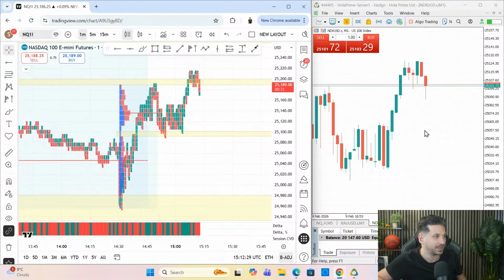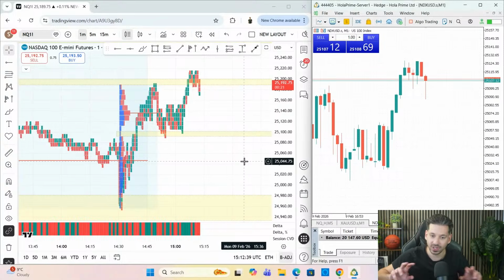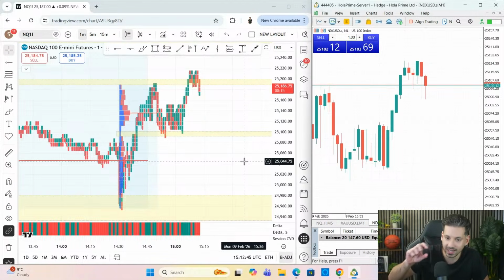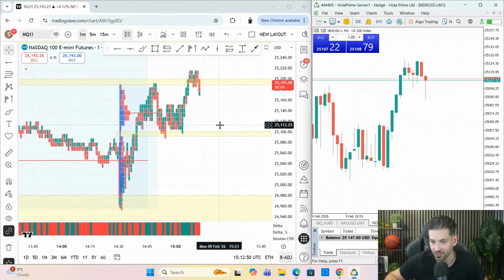But there are calculators out there because CFD is a bit different. It goes by pips, but if you Google something like pip profit calculator, you can select the instrument and then work out from the lot size how much per pip it is. But I don't know off the top of my head. But the pricing is different to futures. I know that much.